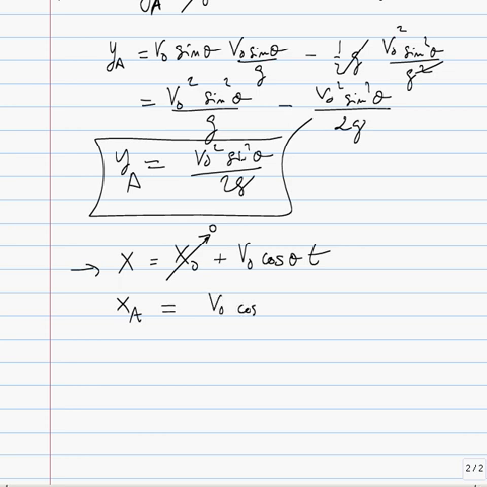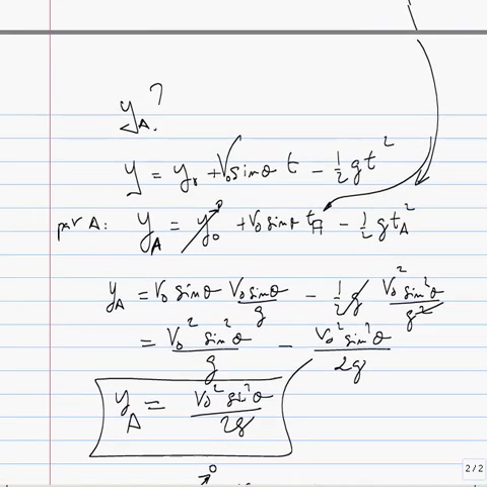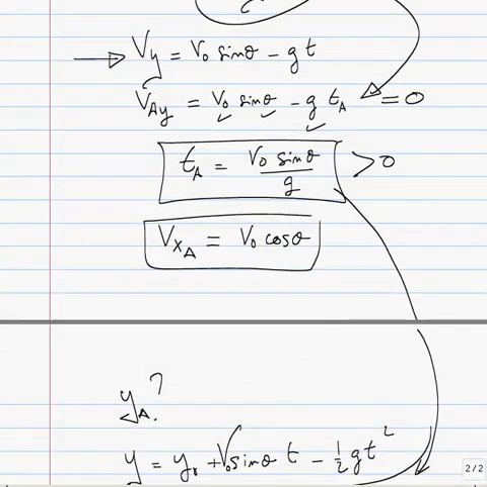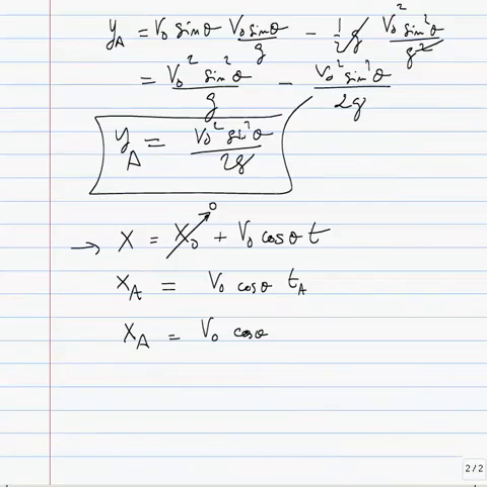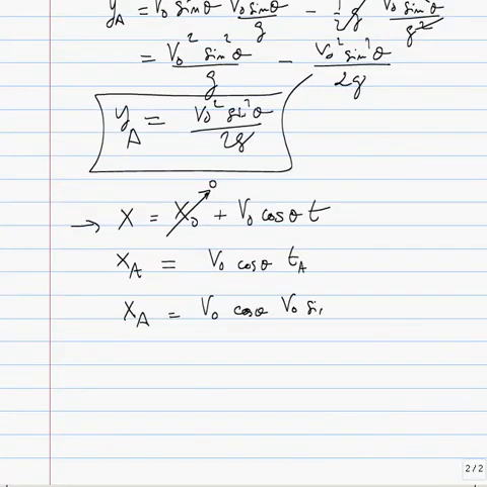V naught doesn't change, cosine theta doesn't change, but t is ta now, which we remember: v naught sine theta over g. So xa will be v naught cosine theta times that.